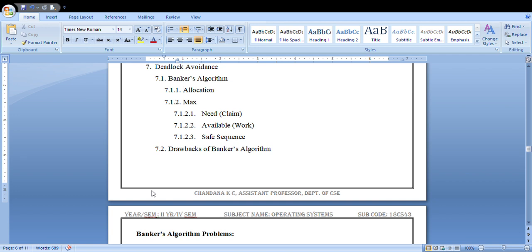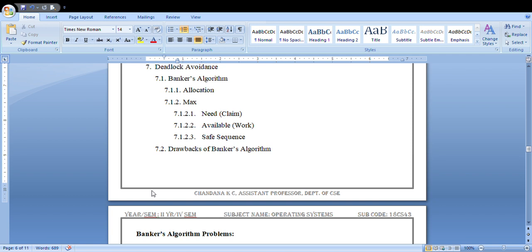Next is max. Max is the maximum allocation of resources, or the maximum number of resources that a process requires during its execution to complete. That is your max value.